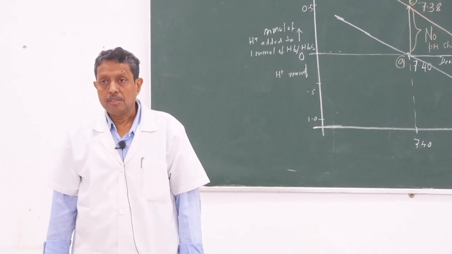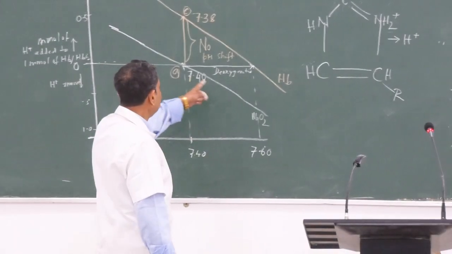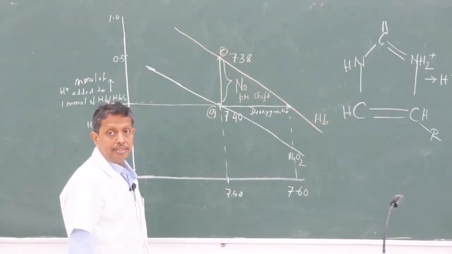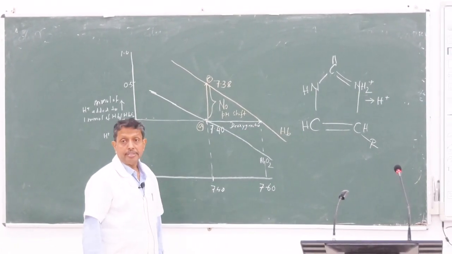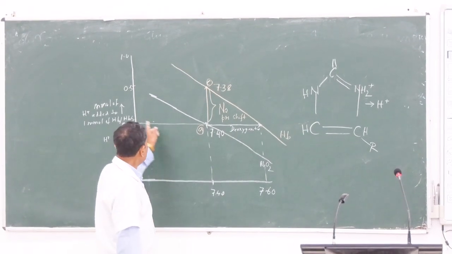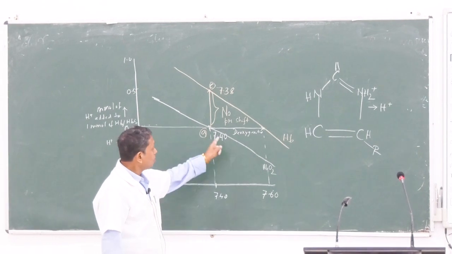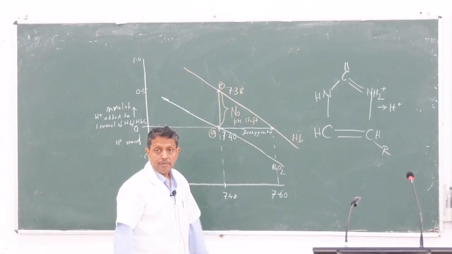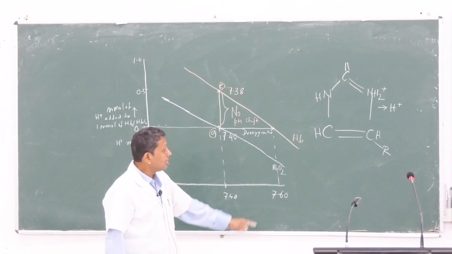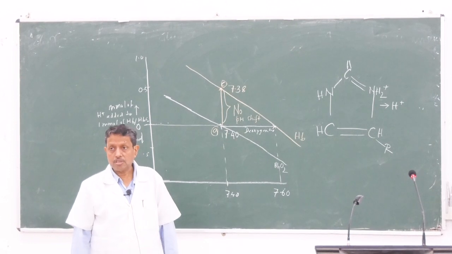Whenever the hemoglobin takes up oxygen, this point is regained. It is the pH shift due to deoxygenation only; there is no addition or removal of hydrogen ion. Only deoxygenation will shift it. It is converted into hemoglobin, and there is the pH shift to 7.60.